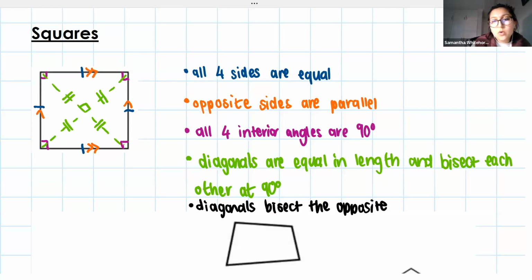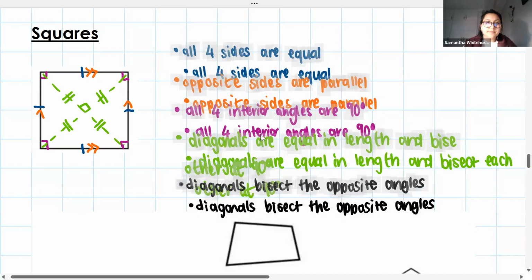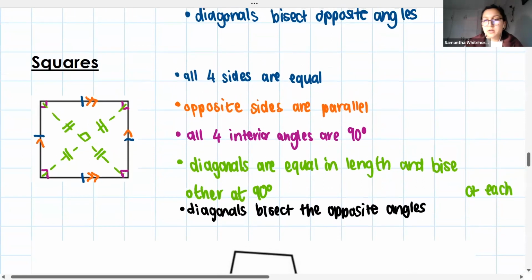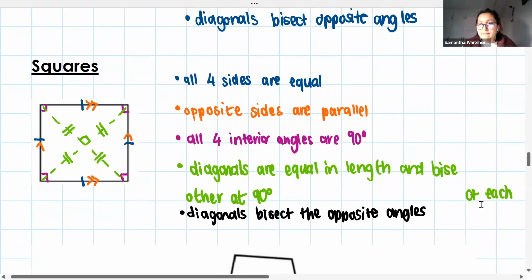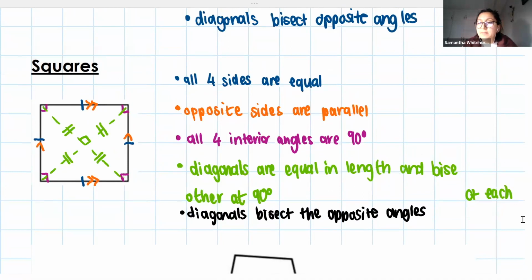Now, because all of the angles are 90 degrees, the diagonals cut all those angles in half. I just want to move this up a touch. Sorry, guys.